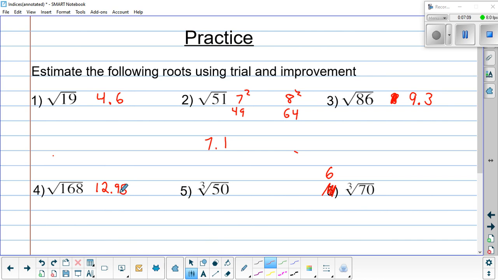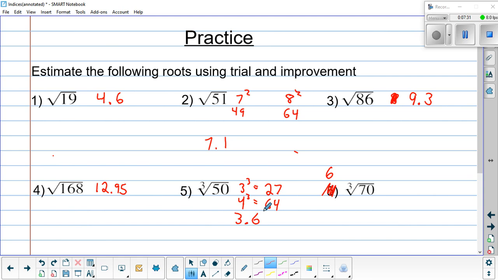This one, cube root of 50. Well, 3 times 3 times 3 is 27. So 3 cubed is 27. 4 cubed is 64. So I took this one as 3.6 when I did it.